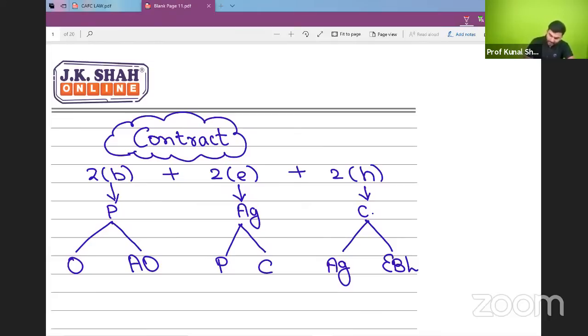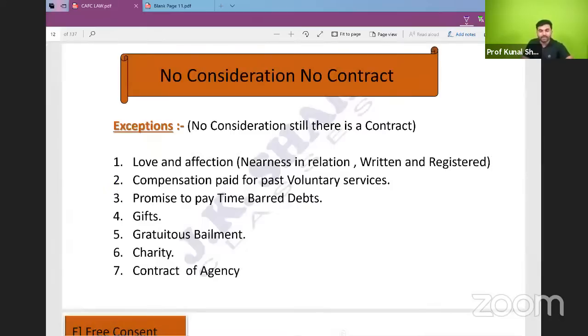Now if I say there is no consideration, then obviously there won't be an agreement, and if there is no agreement, how can there be a contract? So, friends, for that reason, we have a rule which says no consideration, no contract.